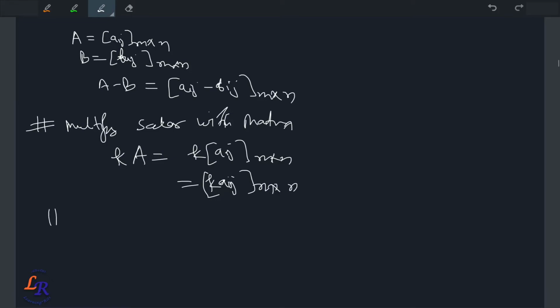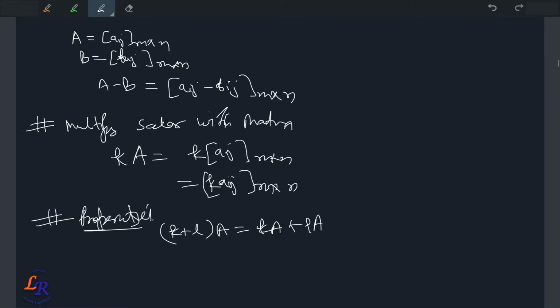And we had some properties related to that. What were the properties related to this? Let's say there are two scalars K and L, and a matrix A, then you will have K plus L times A. And you can have K times the sum A plus B, which you can write as KA plus KB. Right, so these are the two main properties we had seen.